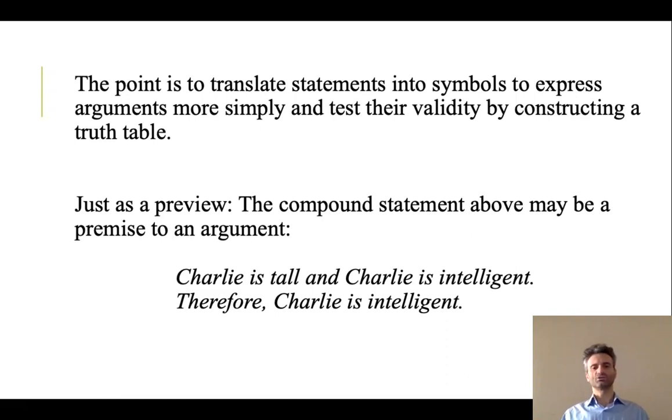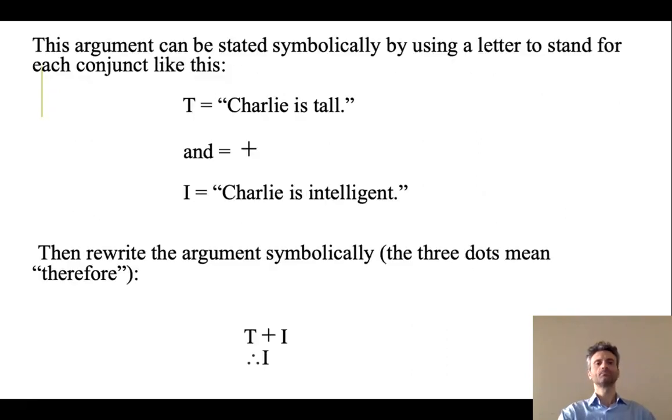Therefore, Charlie will study. Any argument of that kind, as you can see, cannot be captured by syllogistic logic. Okay. So the argument can be stated completely by using symbols, as you can see.